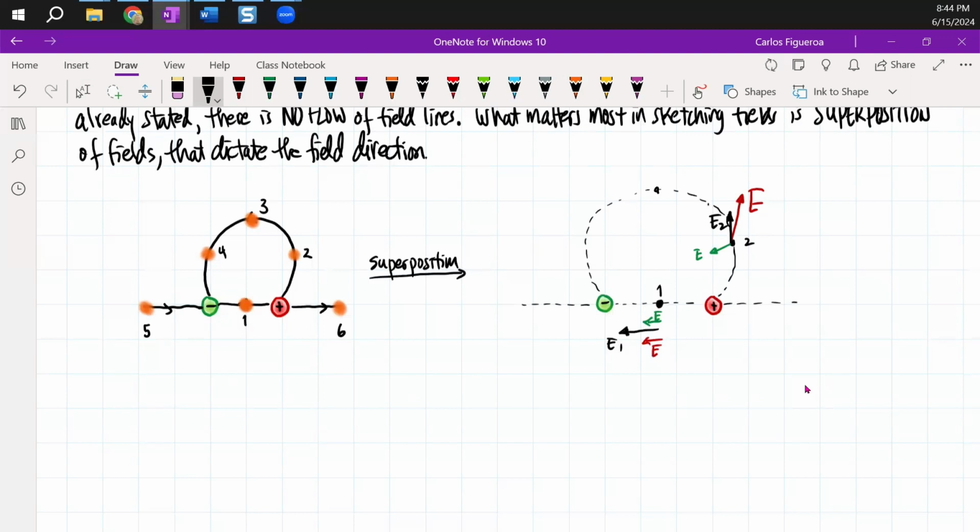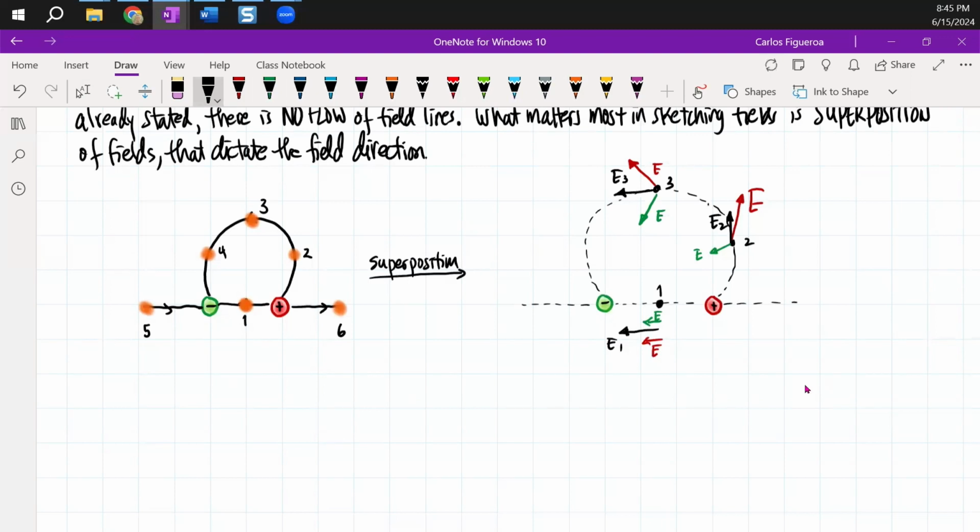When I look at the field at 3, you can see that the red is pushing the positive test charge away. The green is pulling it towards itself. And if the angles are the same here, these fields are going to look like this. And that's going to be the field at 3.